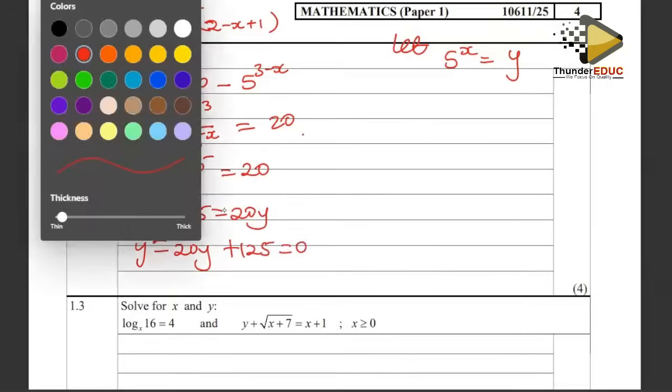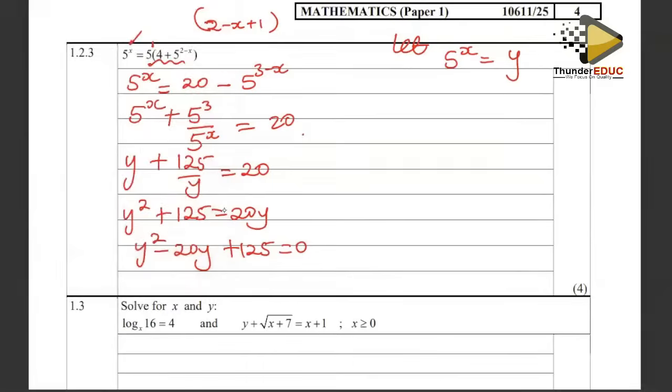Okay, so if I try to factorize that out, I'm going to have something like y plus 5, and then y minus 25. So y plus 5, and then y minus 25 is equal to 0.